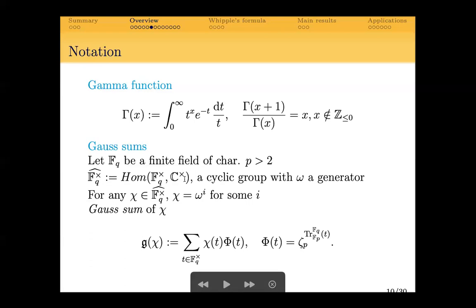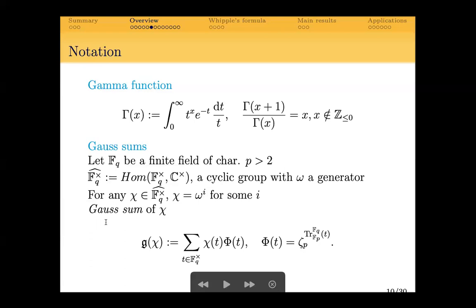Anyway, this is a cyclic group. So we can fix a generator for this group of multiplicative characters. Once you fix a generator, each element is of the form the generator raised to a power, the power ranging from 0, 1 all the way to q minus 2.